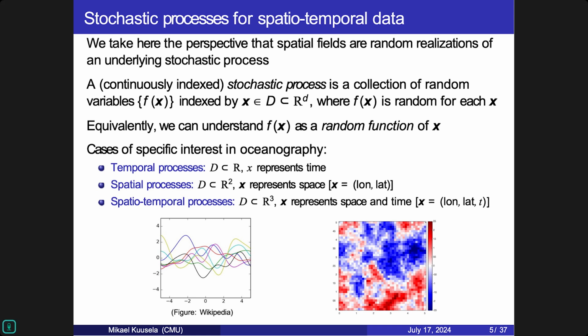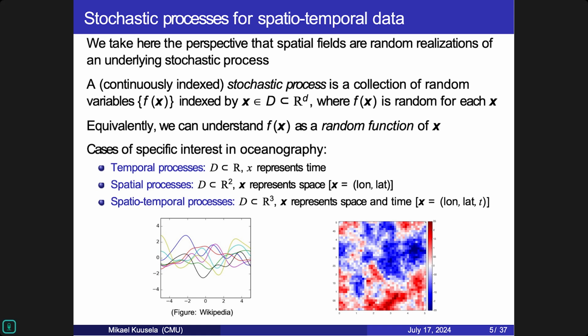In fact, I wrote this as f of x on purpose because the alternative perspective is that you can think of this as a random function of this input x. So you can either think of this as a big collection of random variables, or as a random function, and those are actually the same thing mathematically. Now this x is over a d-dimensional space, so it can be a function of one variable, two variables, three variables, and many other variables if you want.